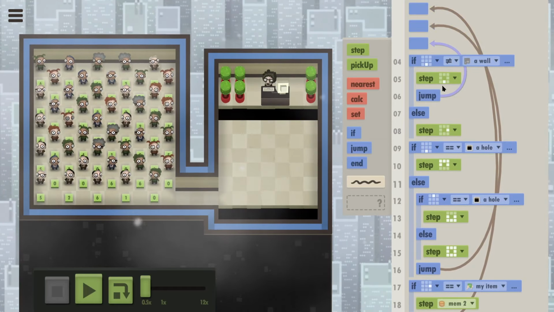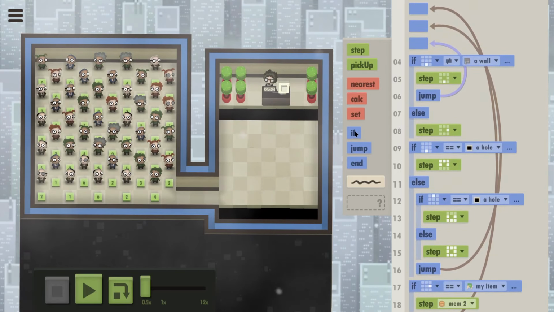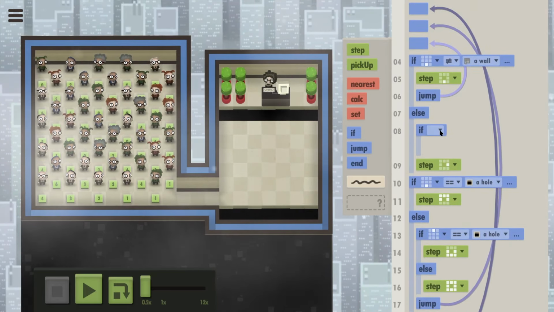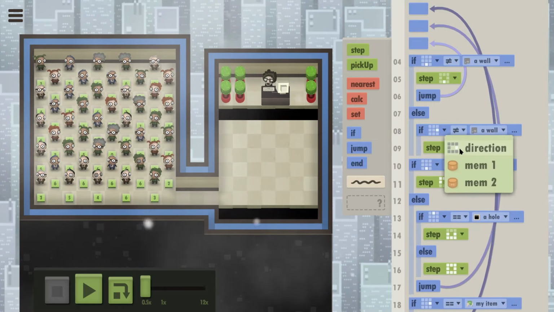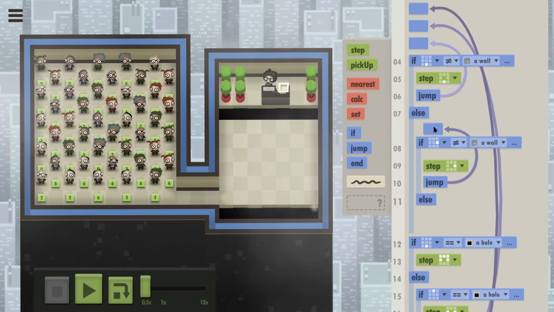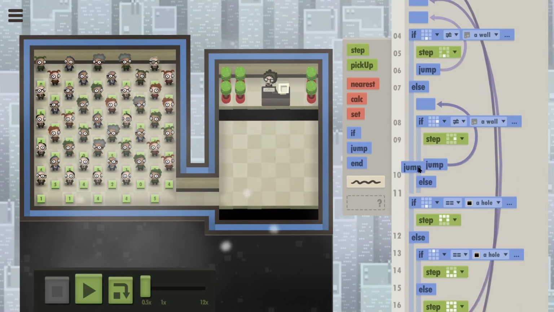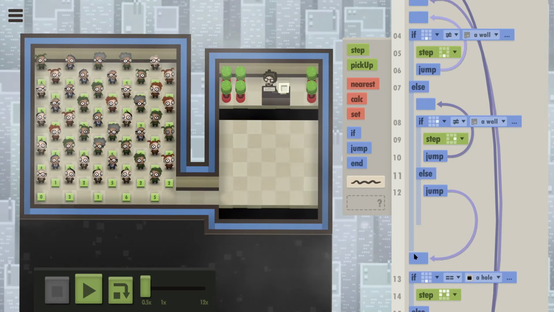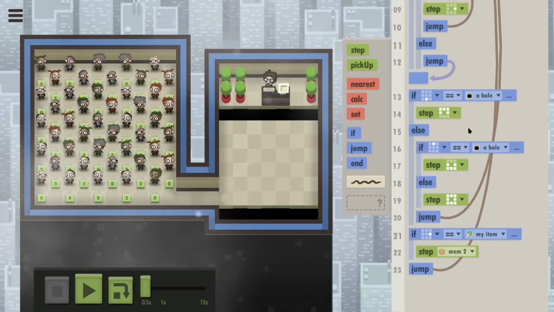Jump. Step down. Jump. Step left. Else. If this does not equal a wall, step that way. Jump. Else. Jump to here. Now I realize that that's literally going to do that anyway, but I don't care at this point. That equals a hole, everything.